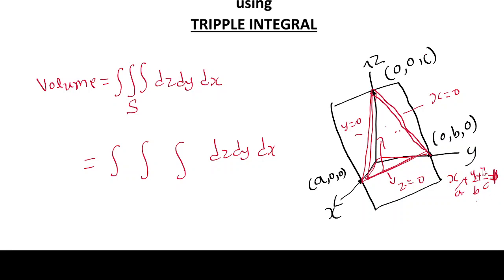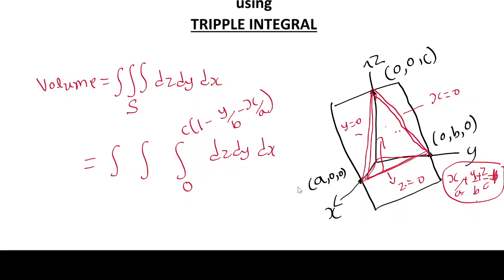This is 1, not 0. So the lower limit will be 0, and the upper limit from the equation of the plane will be c(1 - y/b - x/a).